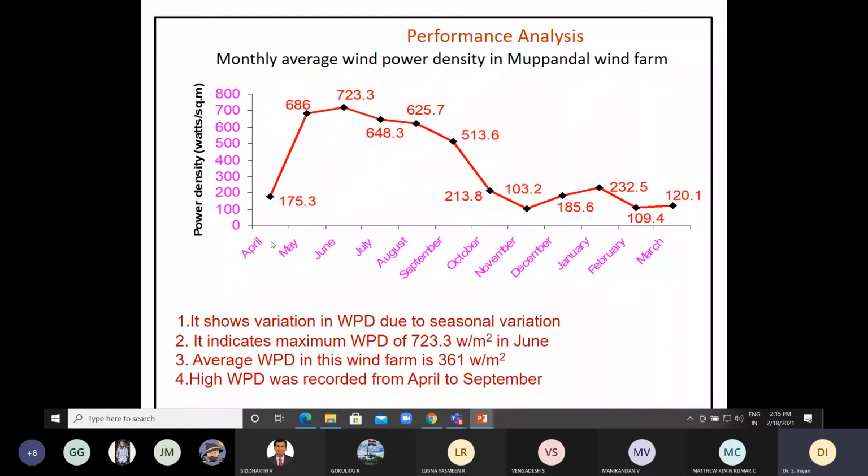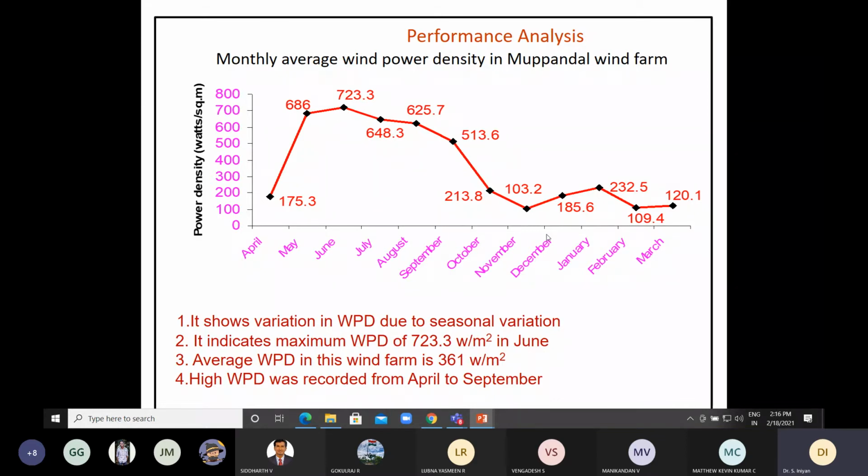Why? Because May is the summer season, and here it comes around 868 watt per square meter. So the average wind speed will be higher for the month of May, and it goes gradually.